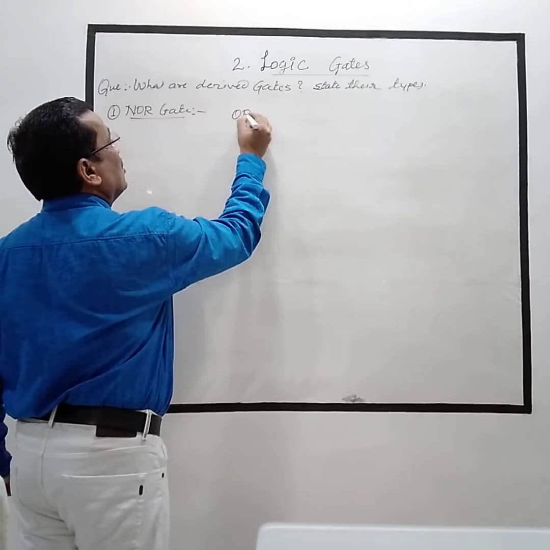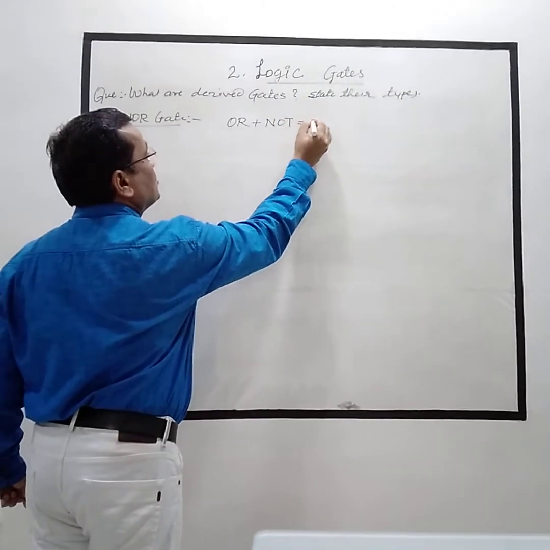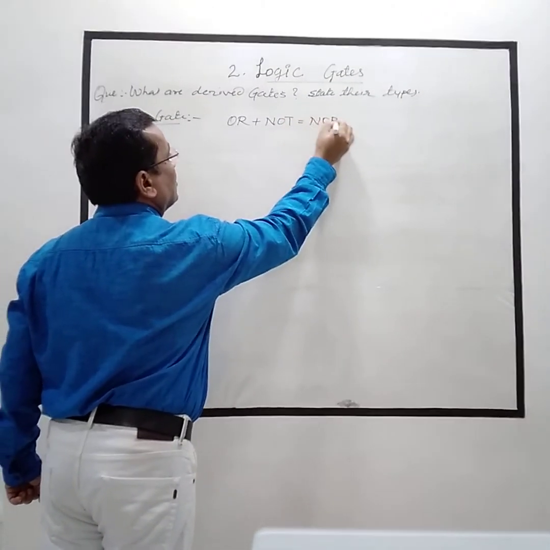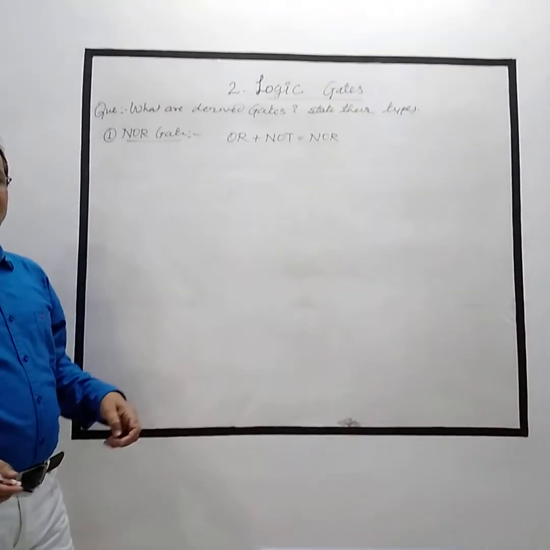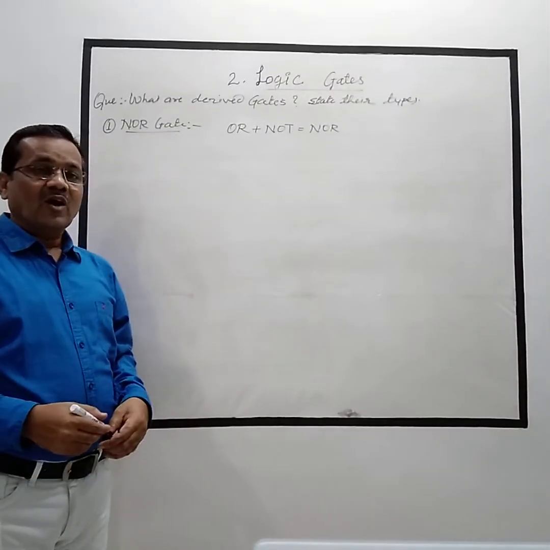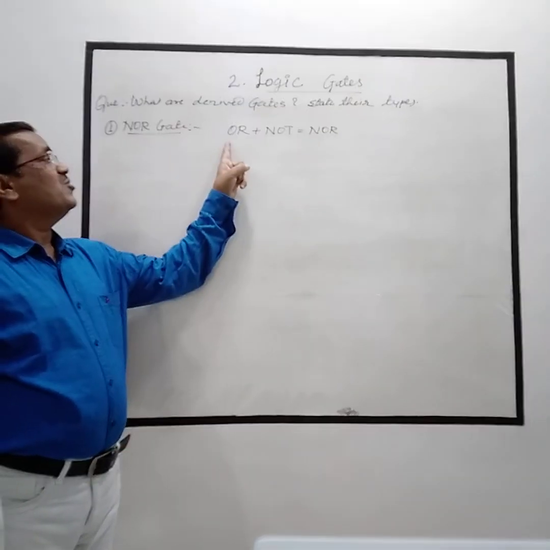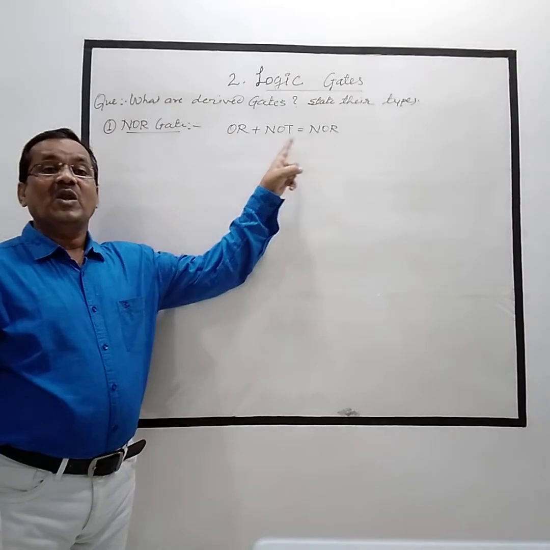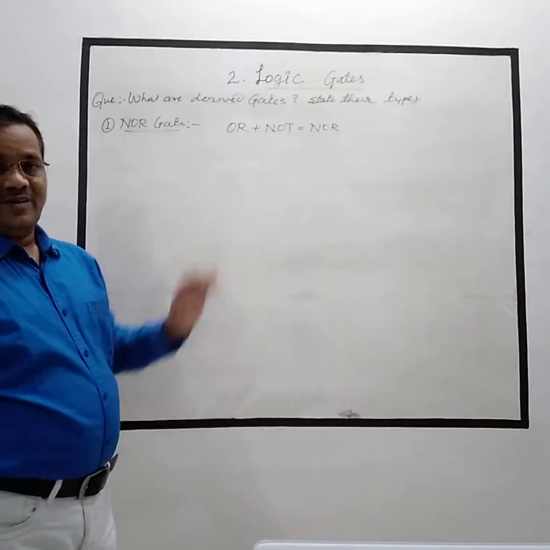So OR plus NOT is equal to NOR. Again, we can define the NOR gate: NOR gate is a logic gate which can be constructed by using OR gate and NOT gate. So it is called NOR gate.